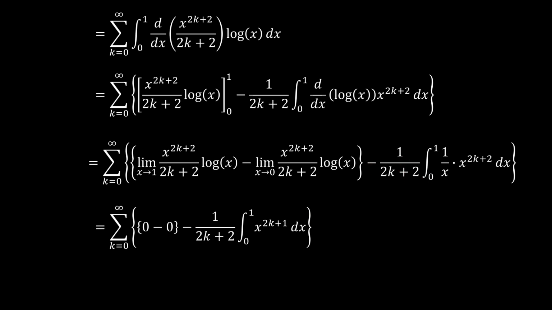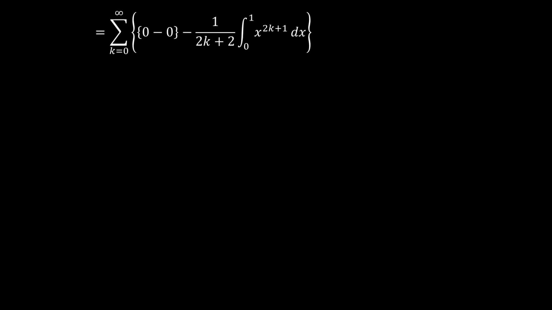So what that means now is our problem has reduced to the summation from k equals 0 to k tending to infinity of the negative of 1 over 2k plus 2 times the integral from x equals 0 to x equals 1 of x to the power 2k plus 1.